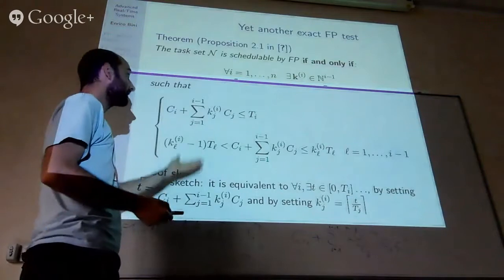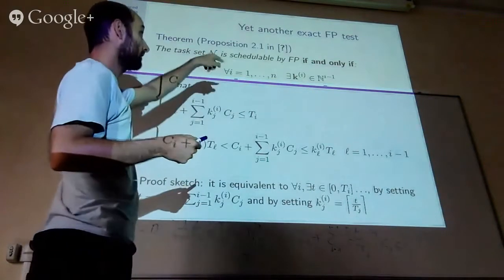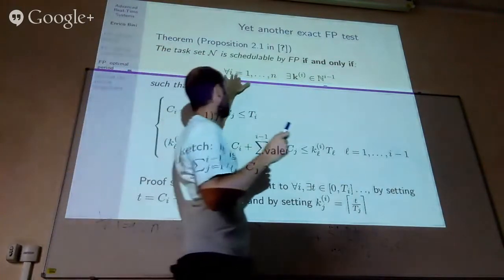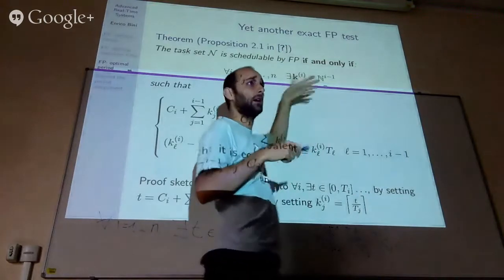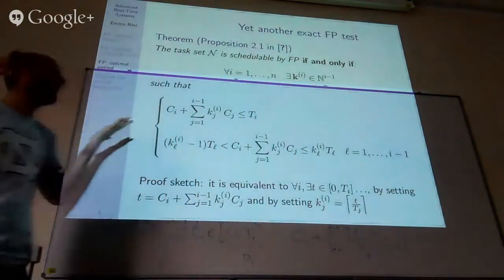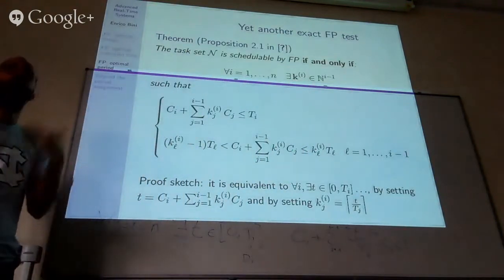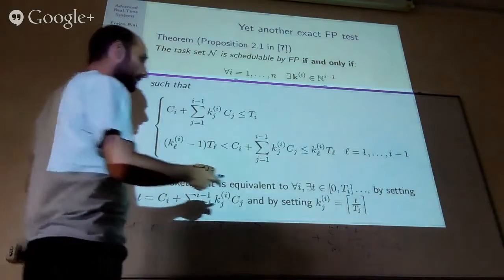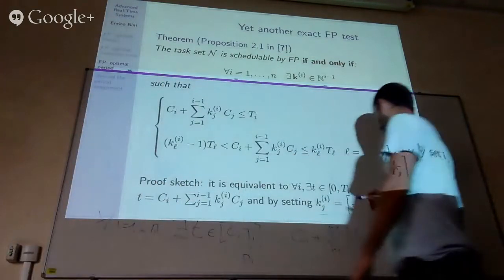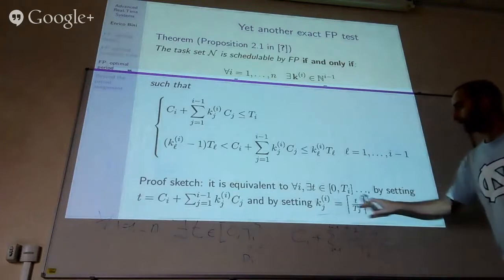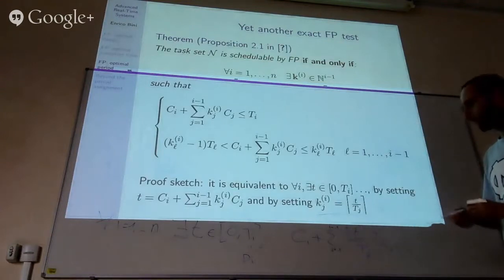Let's define, and I have to prove that for all i, there also exists this k. So the only problem here is how to find those ks. I define those ks according to this. If I define those ks according to this, then what happens?